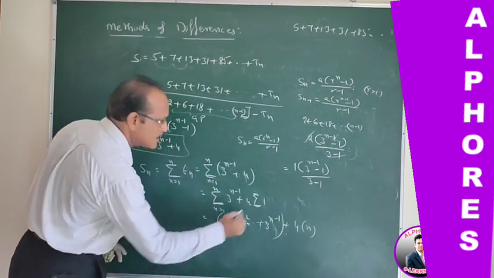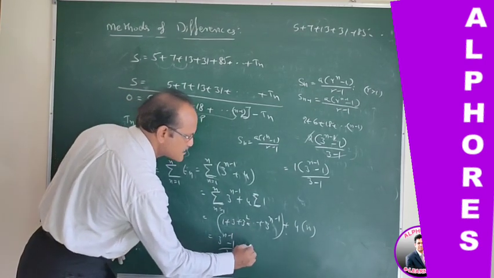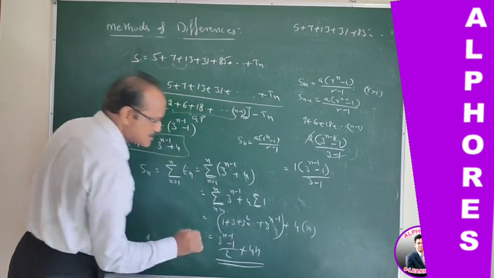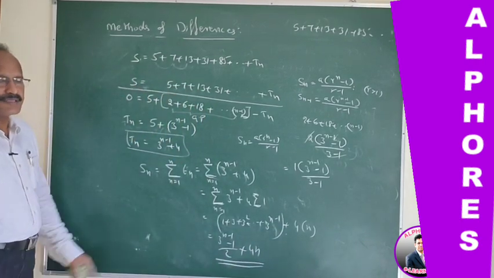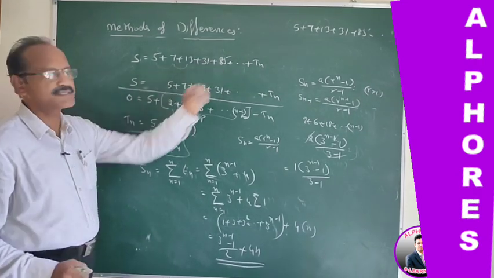We are writing the result: 3 power n minus 1 by 2 plus 4 into sigma of 1, which is n. So this is the result, the sum to n terms of the given sequence.